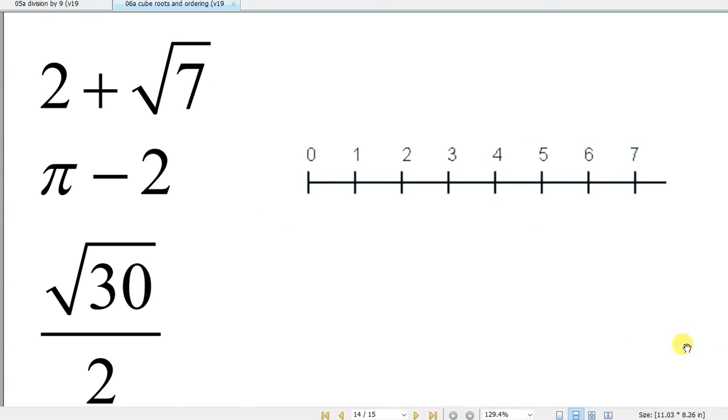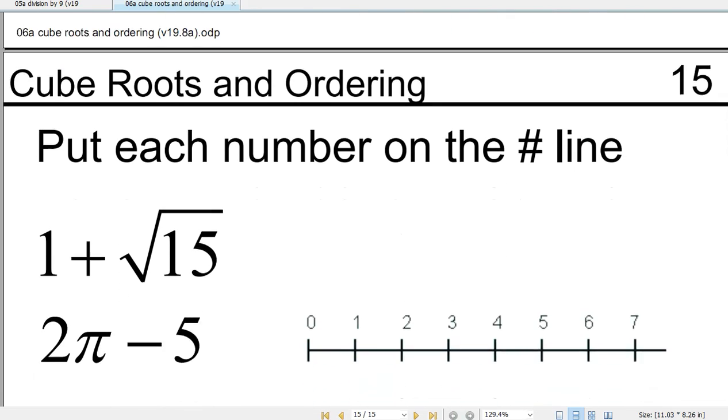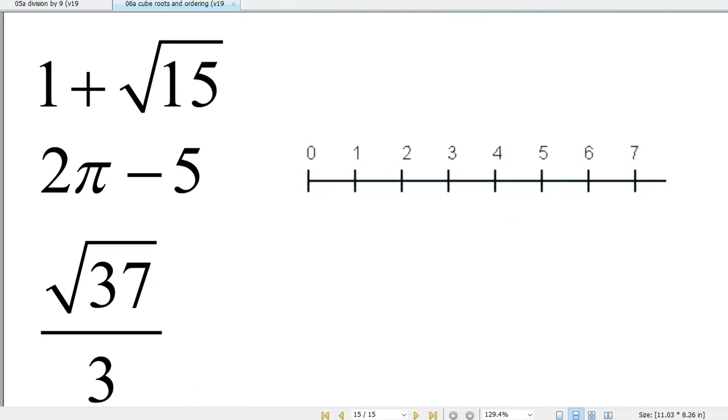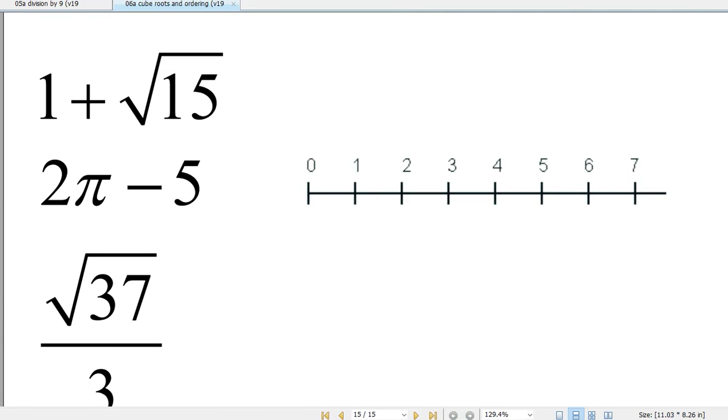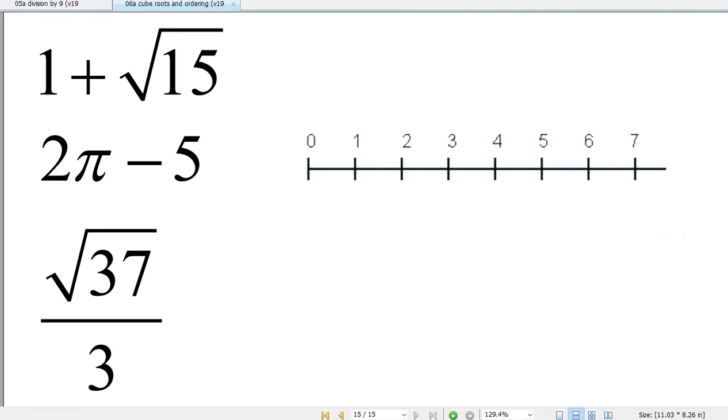What else do I have for this lesson? Okay, same type of idea here. Let's see if we can do this one. The square root of 15 is a little bit less than a 4, maybe a 3.9.